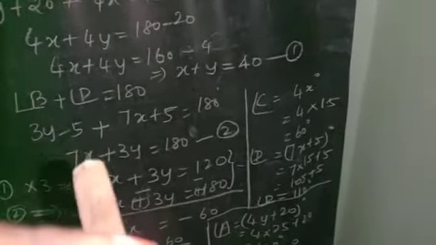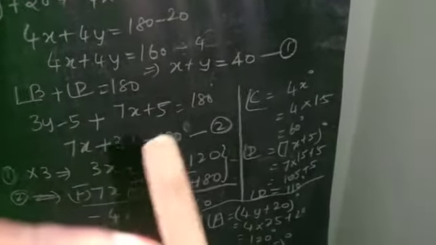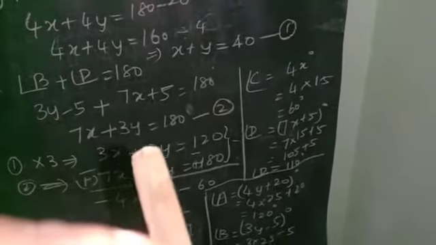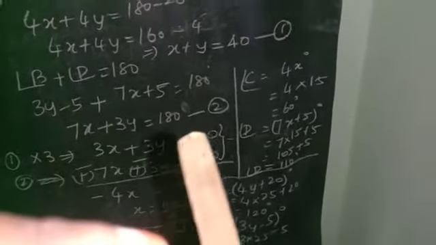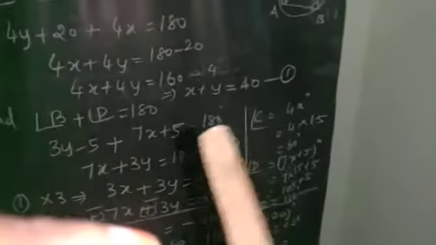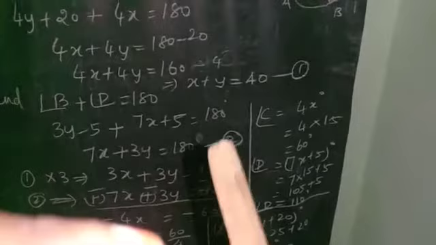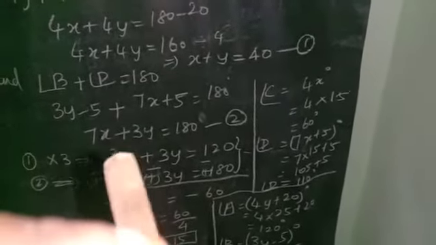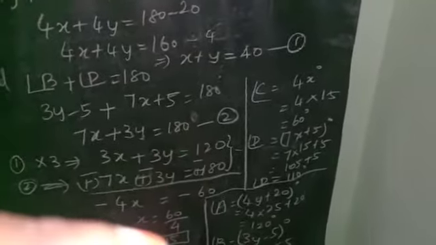So 3y minus 5 plus 7x plus 5 is equal to 180. Therefore, 7x plus 3y is equal to 180. This is the second equation. The first equation is x plus y is equal to 40, and the second is 7x plus 3y is equal to 180.